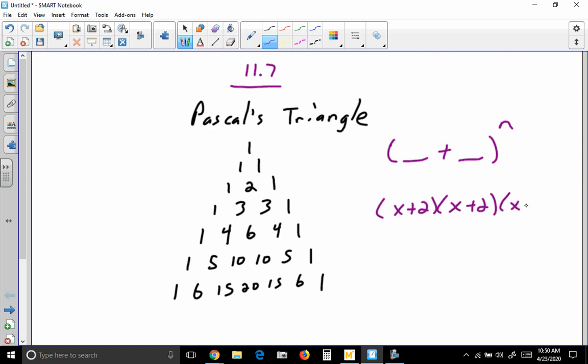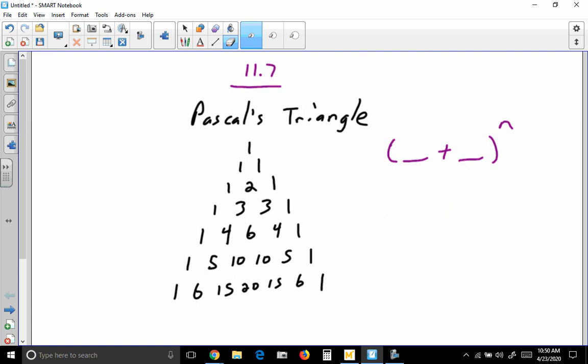But we didn't really multiply much past that, because the more factors we have, that just gets really monotonous doing all that distributing. So the binomial theorem allows us to take a shortcut to multiplying any binomial out. Now this only applies to binomials, if we have two terms in here.